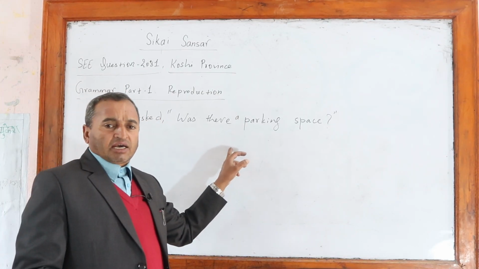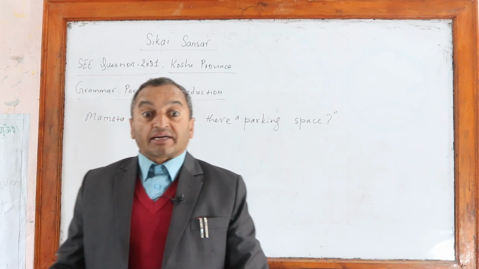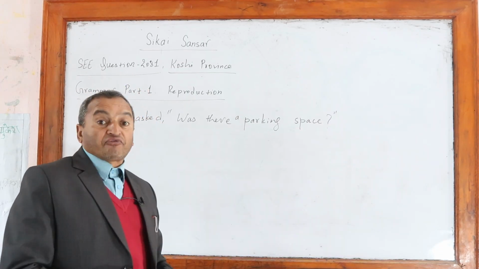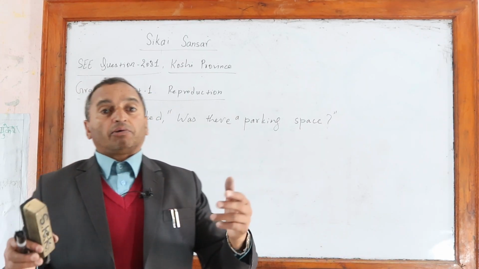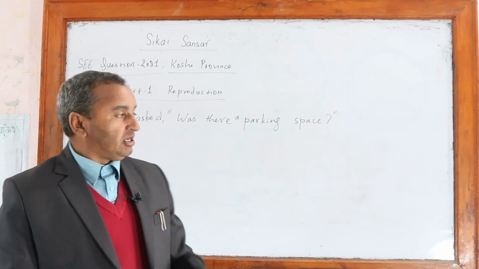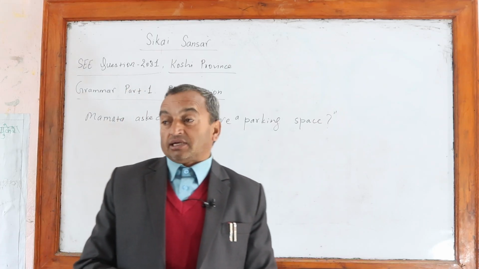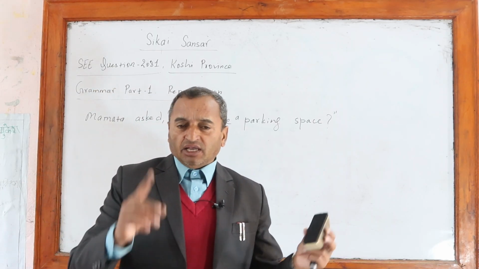In a statement sentence we use that, in imperative we use to, in a yes no question we use if or whether, and when there is a WH question, we use the WH word as the conjunction. So it is a yes no question, so we have to use if or whether as the conjunction.